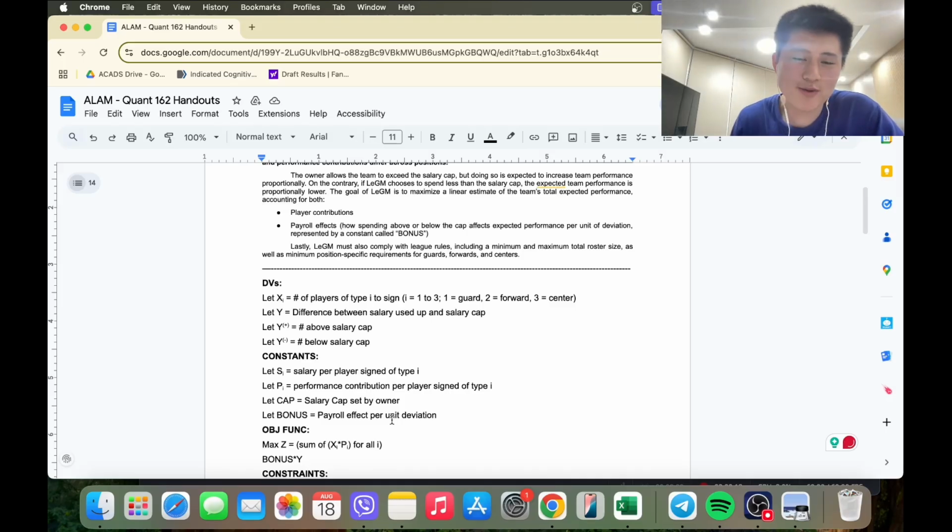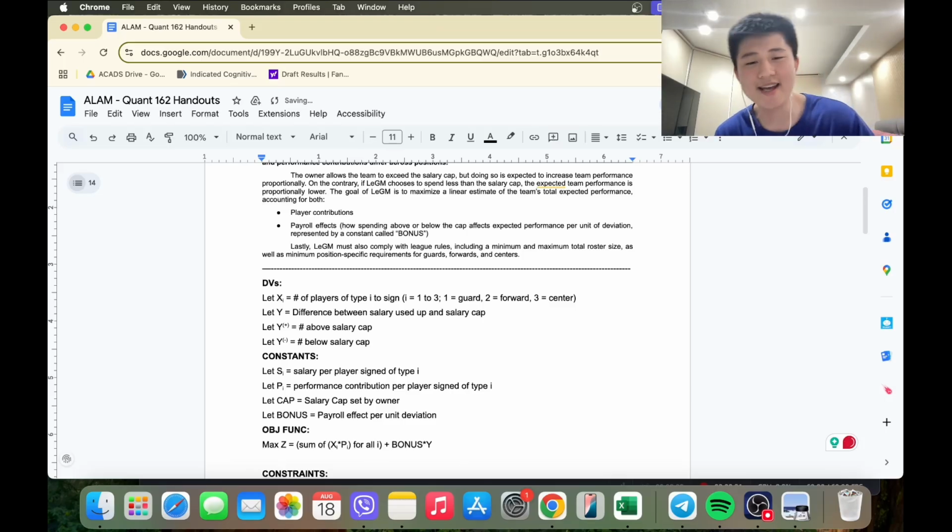So what we notice here, let's test it first. We don't know if it's plus or minus, right? Let's try with plus first. So let's say y is positive, right? So positive means it goes above the salary cap. And if it's above the salary cap, it's actually bad in a way to go over the salary cap.